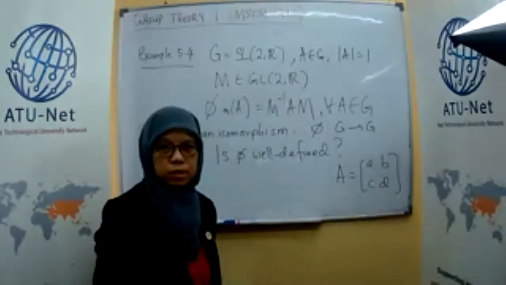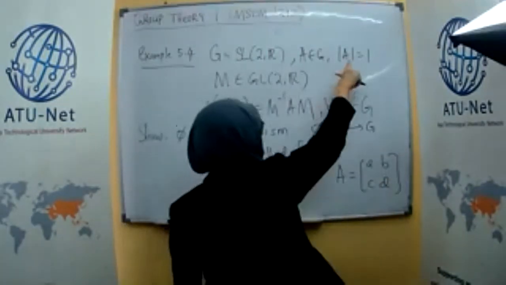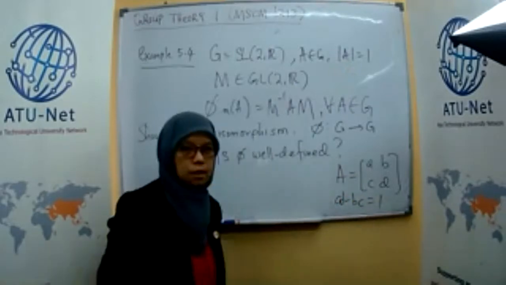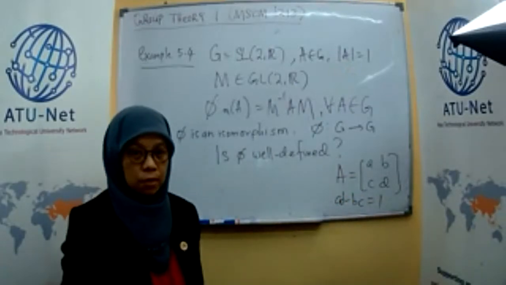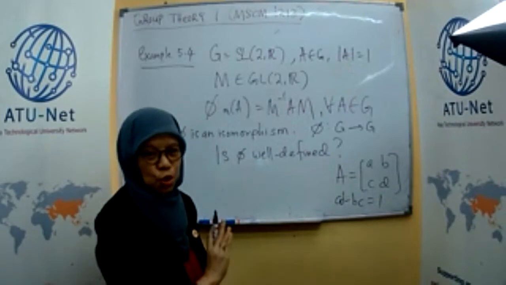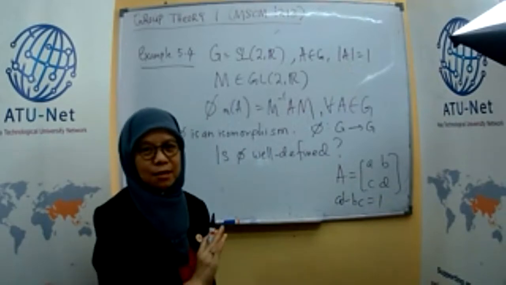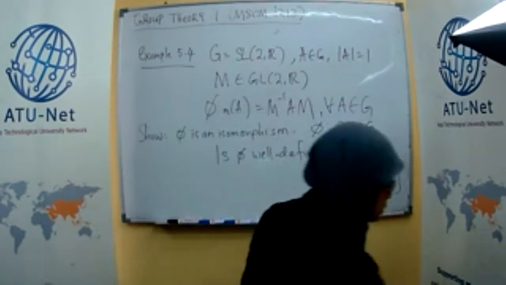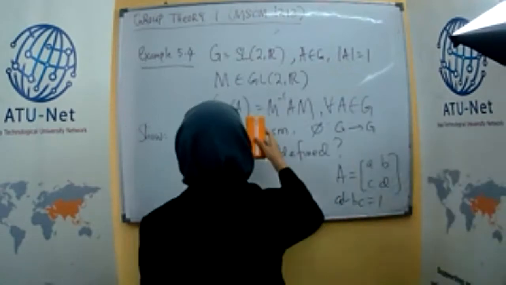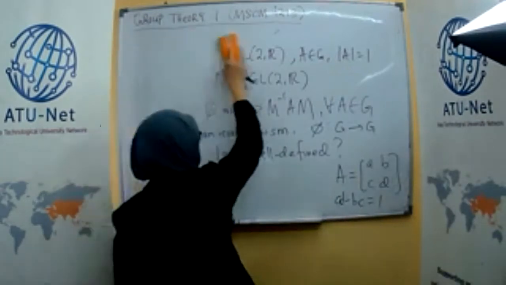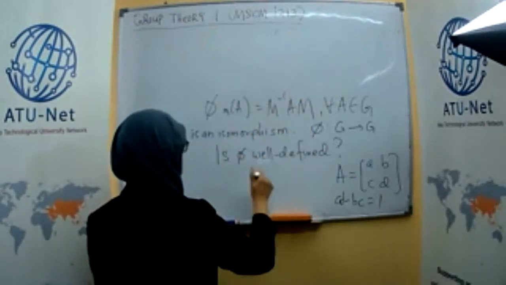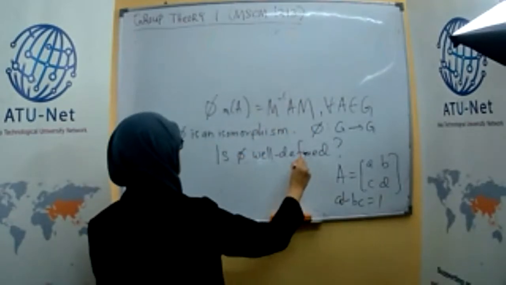Yes, it's a 2 by 2 matrix, and you are saying AD minus BC is 1. But you don't need to show it in terms of A, B, C, D. You can show it just by determinant. So how do we show it's well defined?